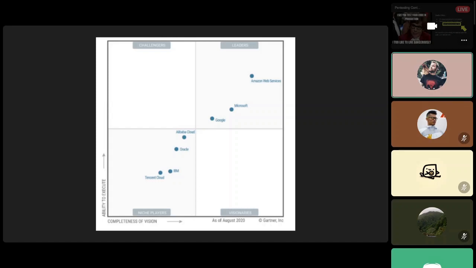And then we have these little niche players, IBM, Oracle, Alibaba, and others that are not trying to replicate what AWS, Microsoft, and Google are doing, but they are niche players, meaning that they are doing their own thing. So they have the potential to become a leader. Especially think about it right now with the constant security issues we're seeing in cloud security.